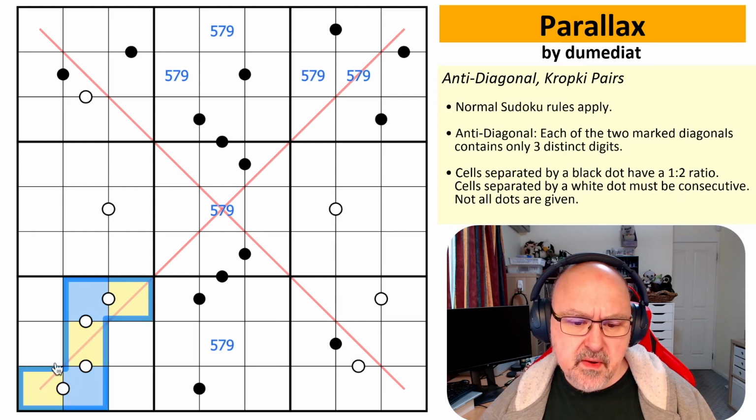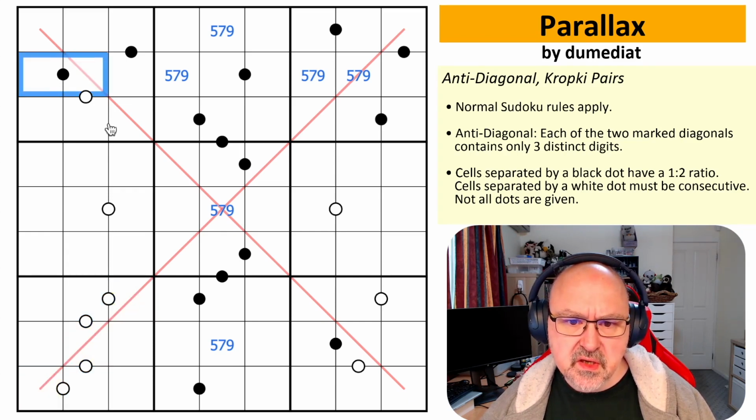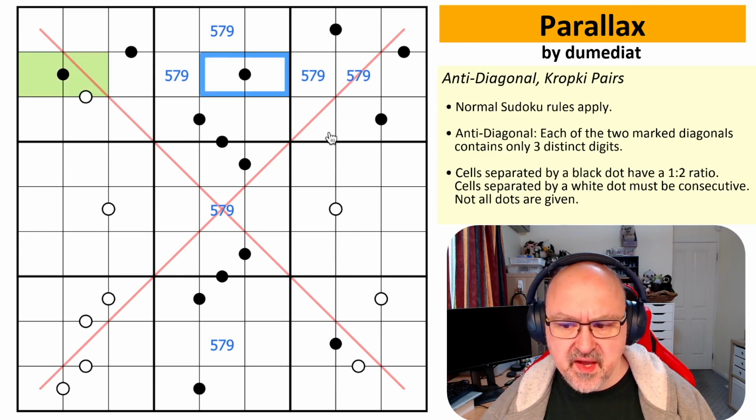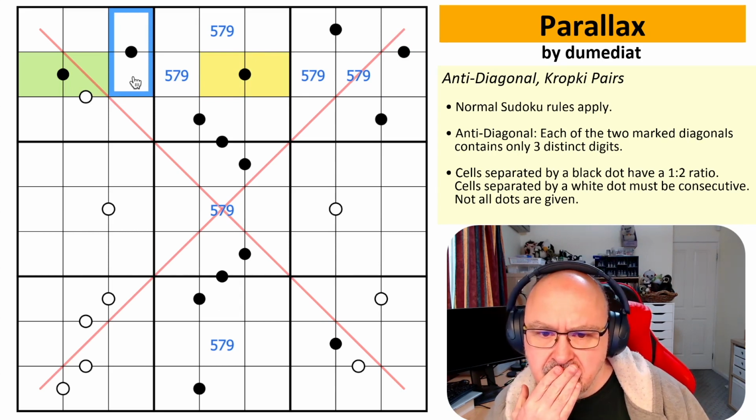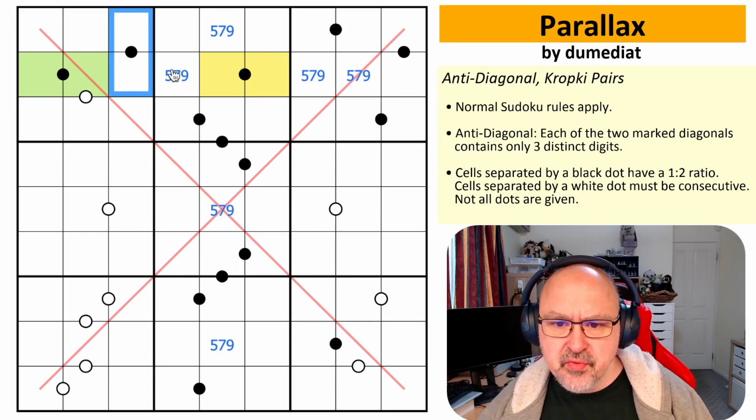I think I'm just going to remember that, because what I want to do is color these dots. This black dot, let's call it green, has to be different from this black dot, let's call that yellow. And these black dots can't be the same as either green or yellow, so let's call this one purple.